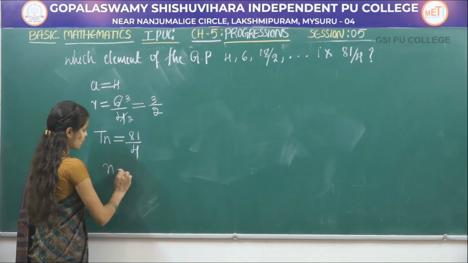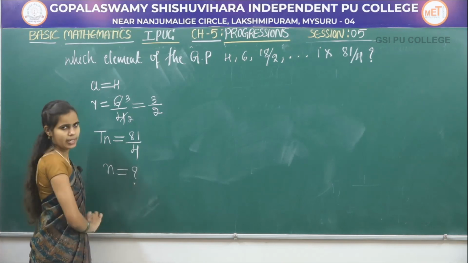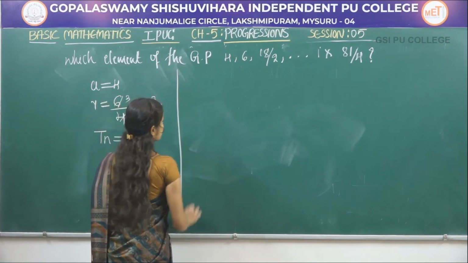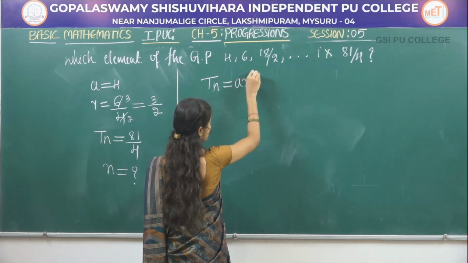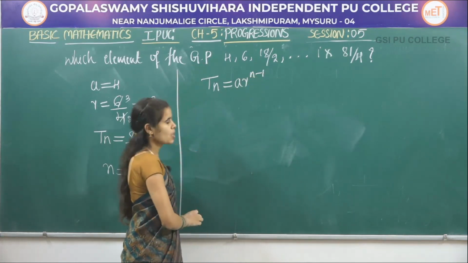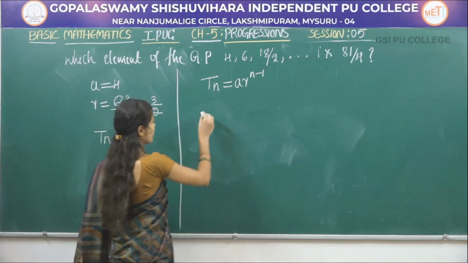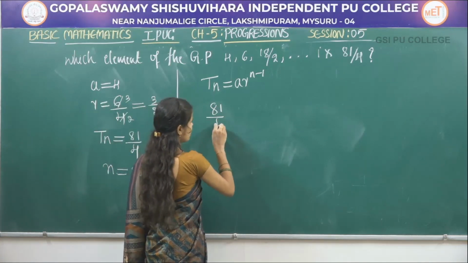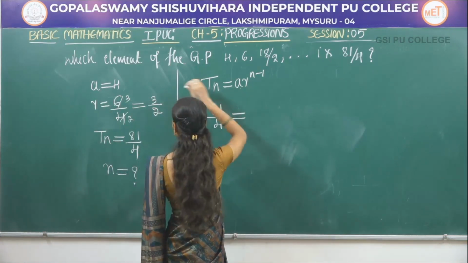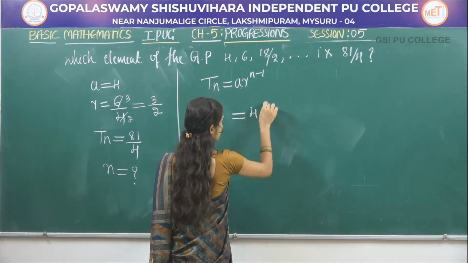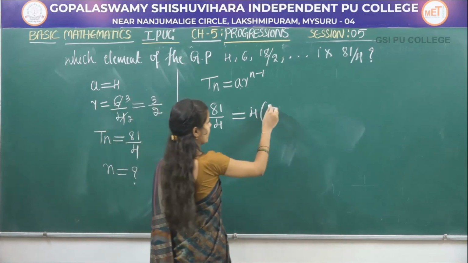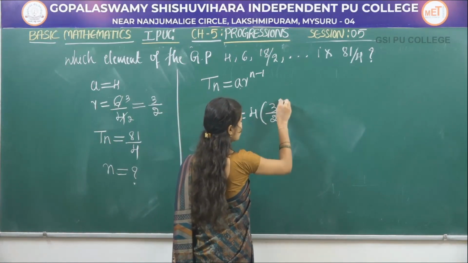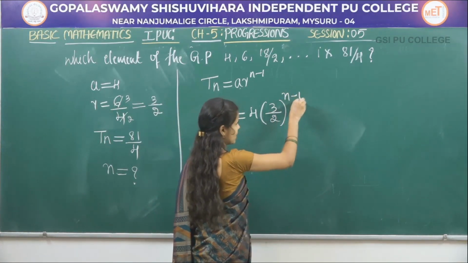Here we want to find n. Consider the formula Tn is equal to A R to the power of n minus 1. Substituting, Tn means 81 by 4 is equal to A, which is 4, into R, which is 3 by 2, to the power of n minus 1.